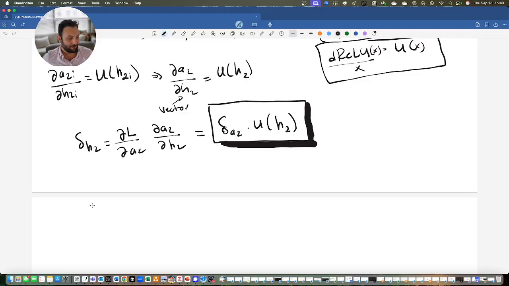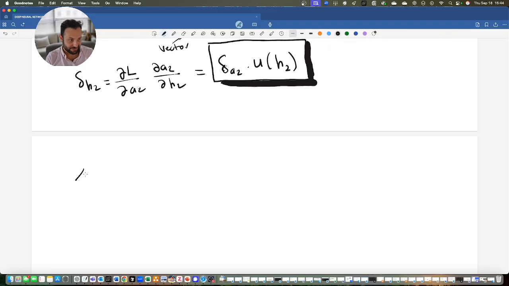The step of W2 is going to be the outer product between whatever comes to it, which is delta H2, and its input, A1 transpose.